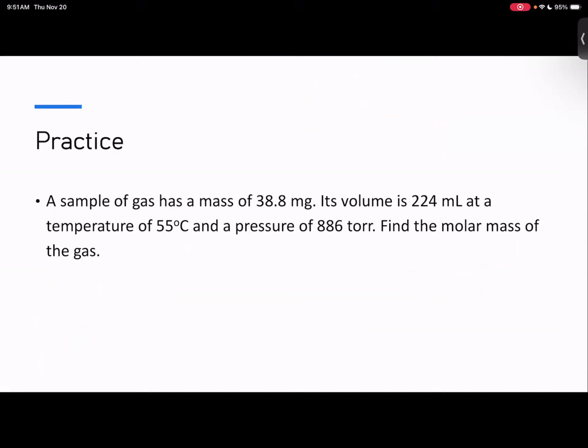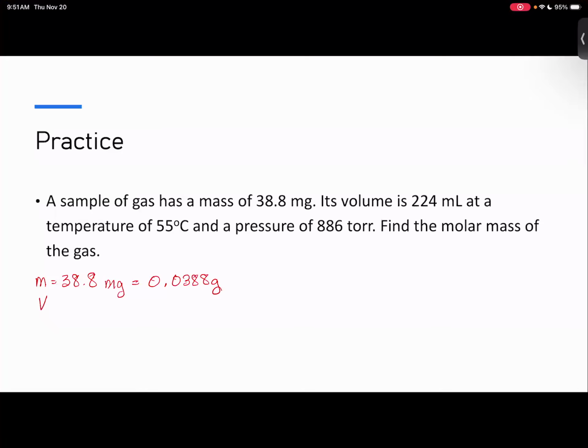Let's look at another example. A sample of gas has a mass equal to 38.8 milligrams, or in other words, 0.0388 grams.